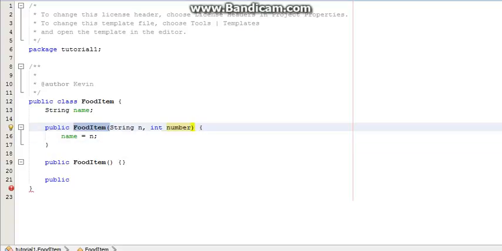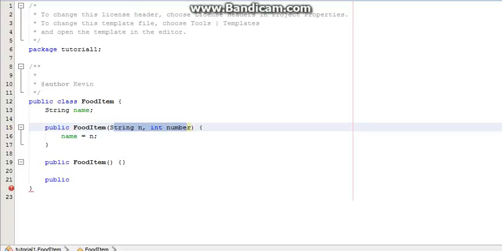Well, that would be very ineffective and pointless, because this additional parameter doesn't serve a purpose. Two parameters would not be the appropriate number to include in this constructor.